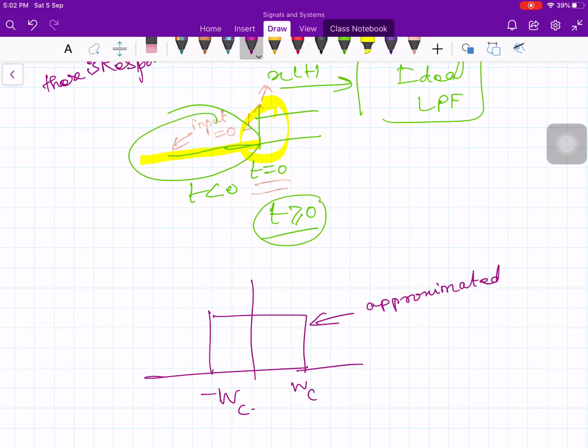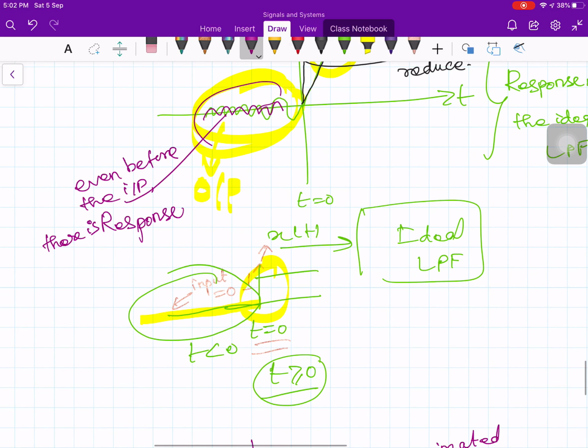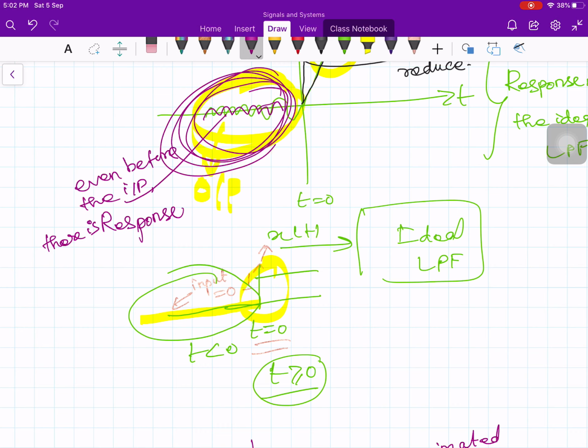And what we can do is modify these characteristics in such a way that this portion of the output is avoided. All low pass filters that we can build in practice cannot give this kind of response; they can give only a response from t equals 0 onwards.